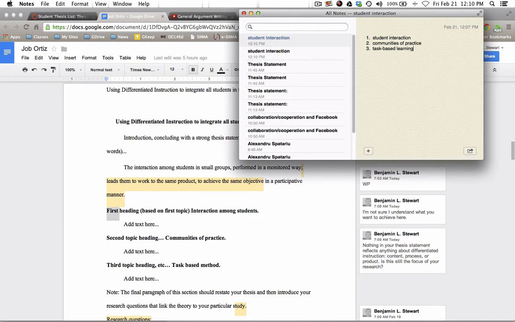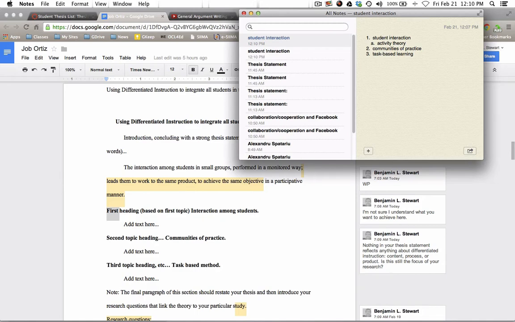So you're not going to talk about differentiated instruction? What I have does not belong that much to differentiated instruction. So student interaction, activity theory. What else are you planning on discussing? Just activity theory?